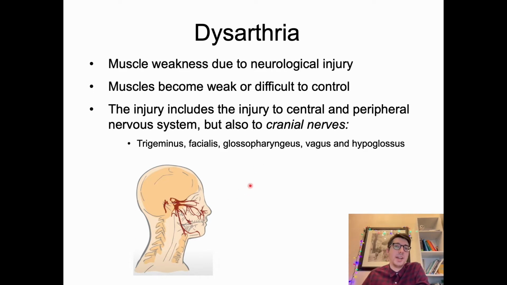And of course, physicians and medical experts will tell you more about this. I'm just providing a simple illustration of what can go wrong and what the cause of dysarthria is, which weakens your muscles, right? Muscles become weak and difficult to control in dysarthria.